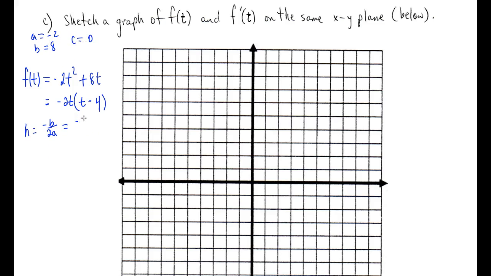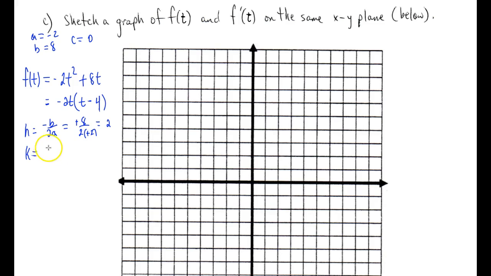So we have negative 8 divided by 2 times negative 2. A negative times a negative is a positive. 2 times 2 is 4. And 8 divided by 4 is 2.